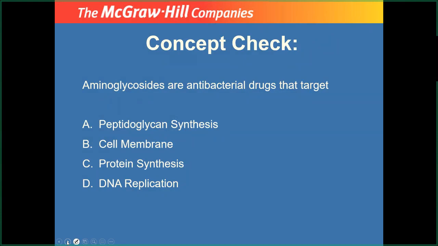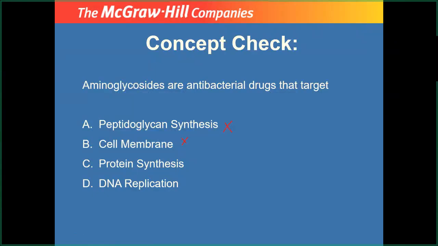So aminoglycosides are antibacterial drugs. They don't target peptidoglycan synthesis. That would be your beta-lactams, your cephalosporins, and your penicillins. These don't target the cell membrane. It comes down to protein synthesis and DNA replication.